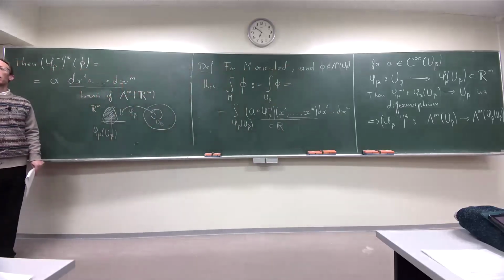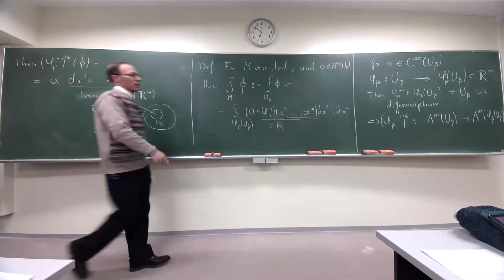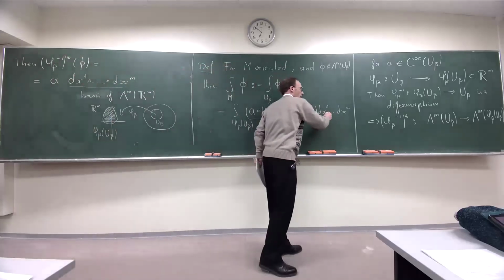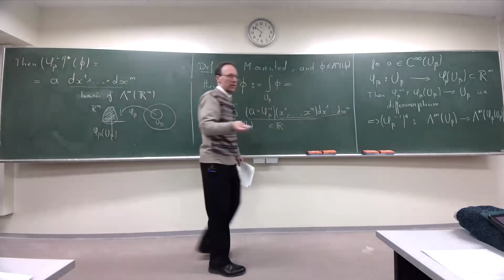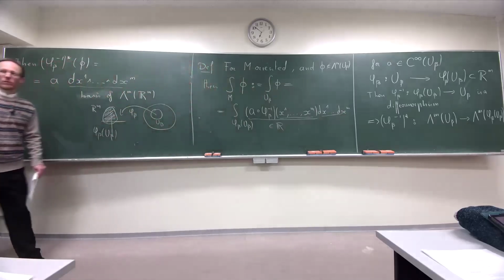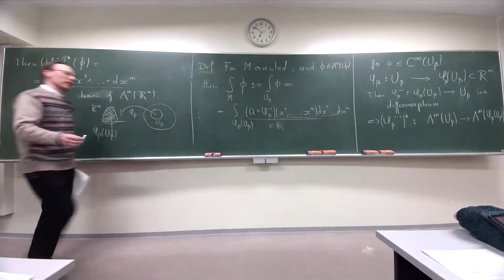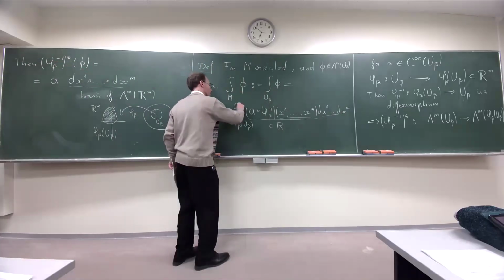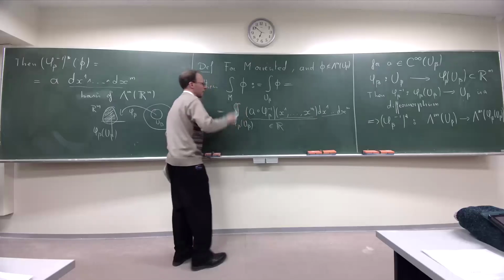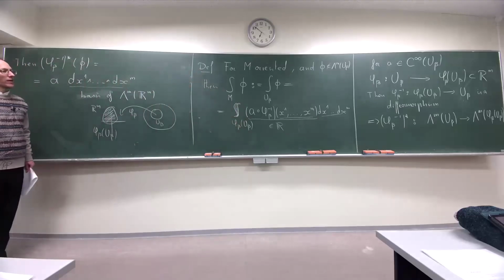Yes? The order of dx1 to dxn, does it matter? No, in calculus 2, it doesn't matter. This is just a notation for a limit of Riemann sums. In some places, they would maybe put M integrals here. I put just one. Okay. So we have a definition.